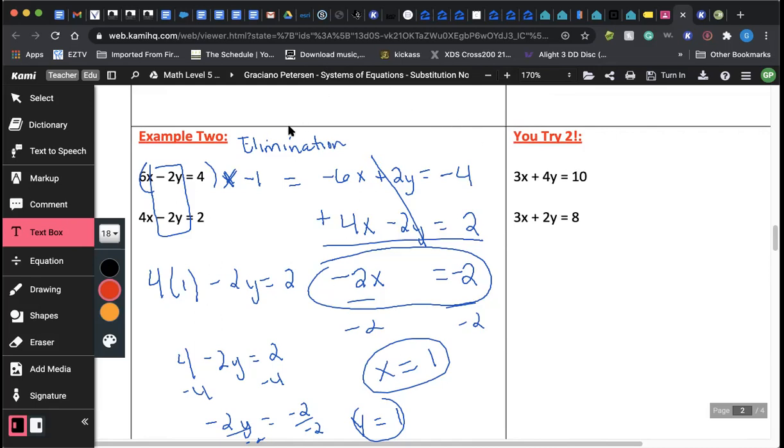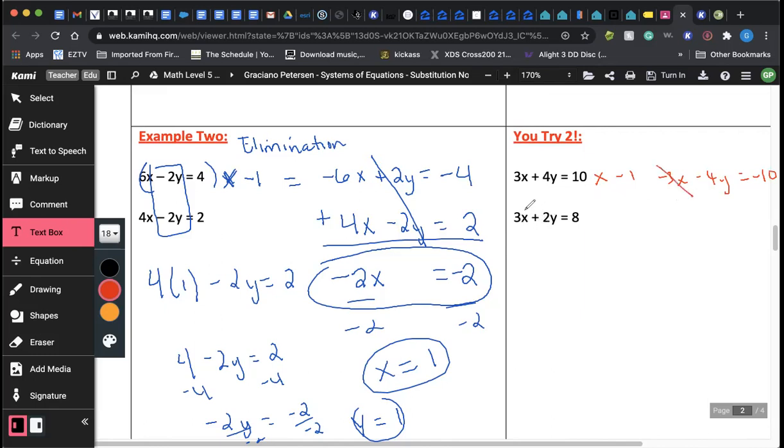All right, tell me what you did as your first step. I multiplied the first equation by -1, which gave me -3x minus 4y equals -10. Good. Then I added the second equation, which was 3x plus 2y equals 8.